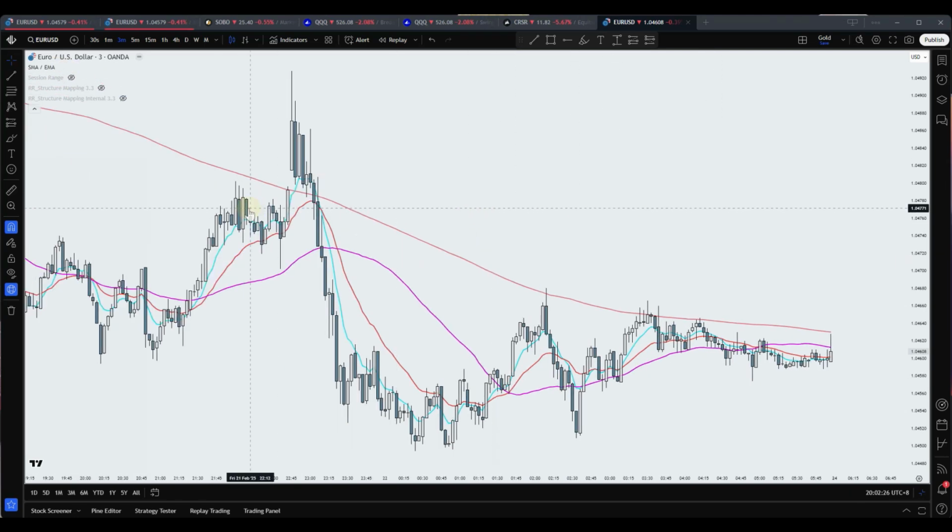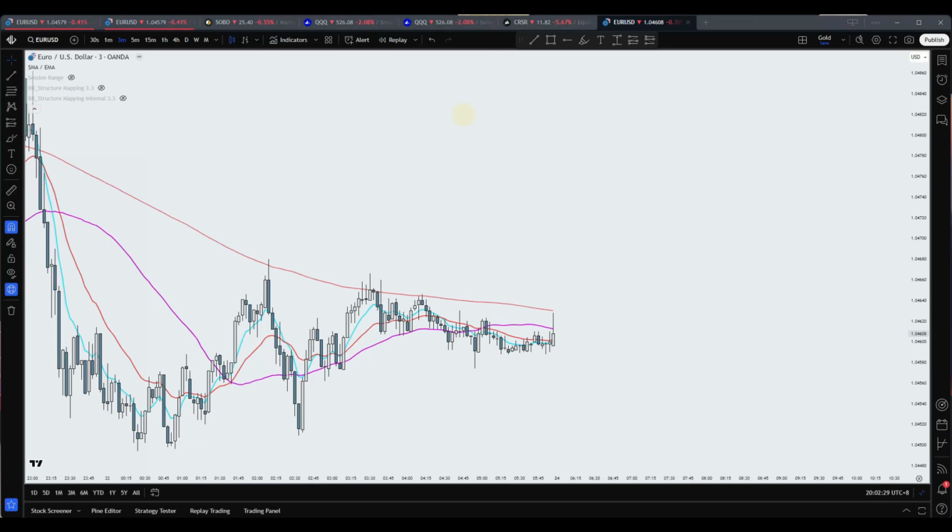I use 4 types of moving averages. Number 1, I use the 8 EMA, and 8 EMA is this one, the cyan color. And number 2, I use the 21 EMA, the red one. And then I use the pink or magenta color, it's the 50 SMA, this one.